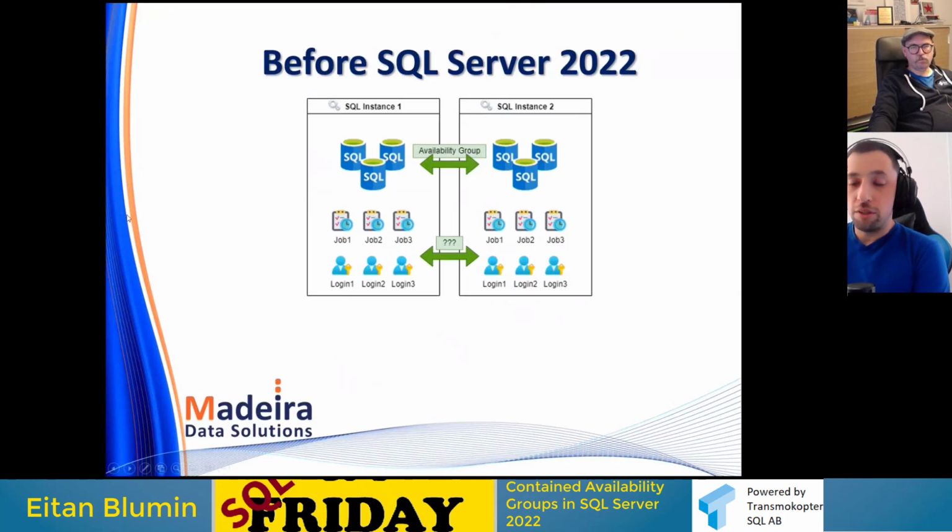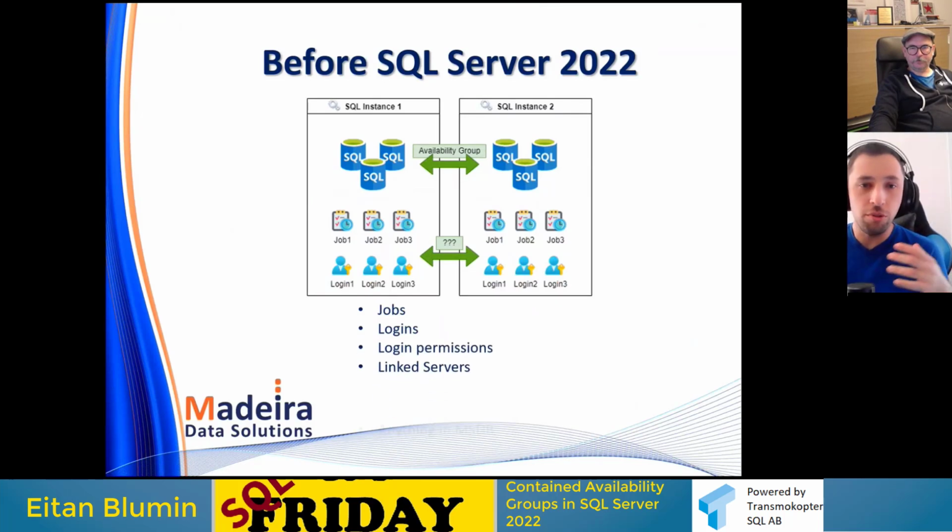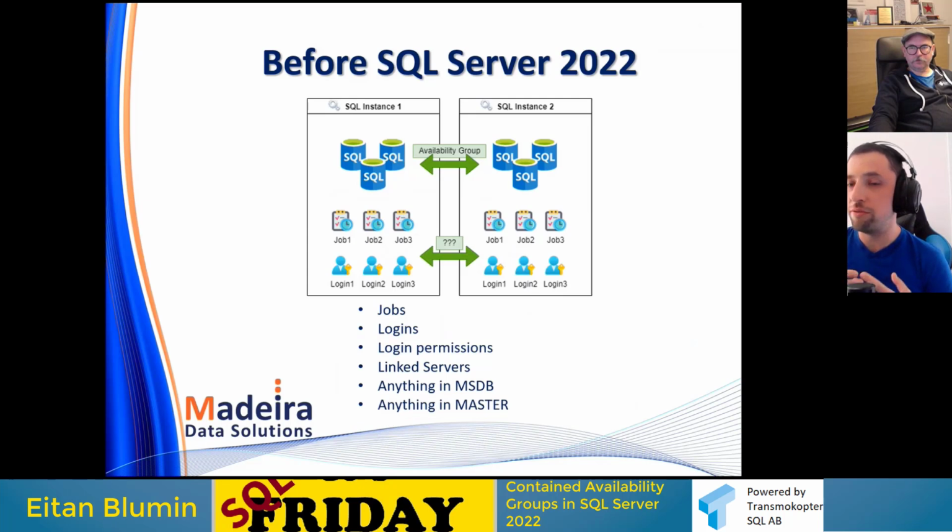Before we talk about SQL Server 2022, let's see what we had before that. Assuming that we had two instances of SQL Server, and we've set up an availability group between them, which could include one or more databases that could fail over between each instance, and they would be continuously synchronized between them.